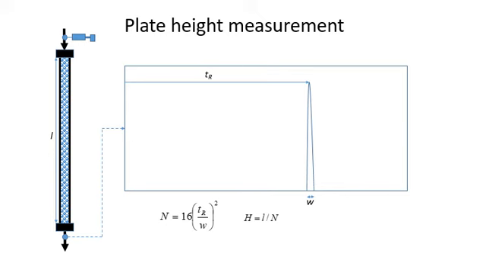The tracer solute should not interact with the stationary phase, but should undergo all manner of dispersion discussed in the previous slides. With sharp tracer peaks, we use the equation shown on this slide for calculating plate height. N is the number of theoretical plates, Tr is the retention time, W is the peak width at the baseline, while L is the length of the column.